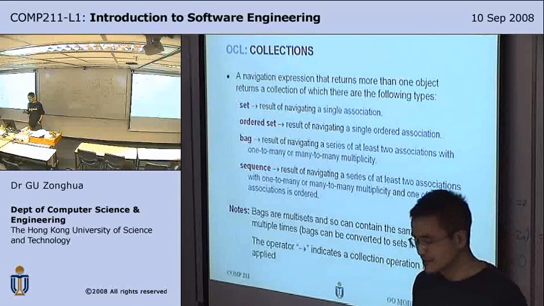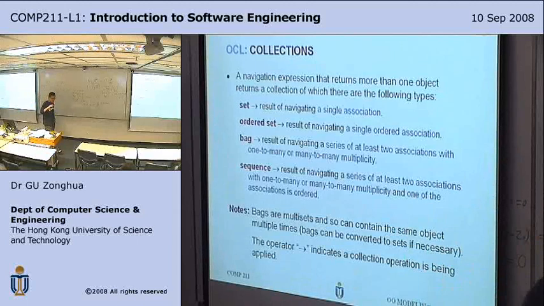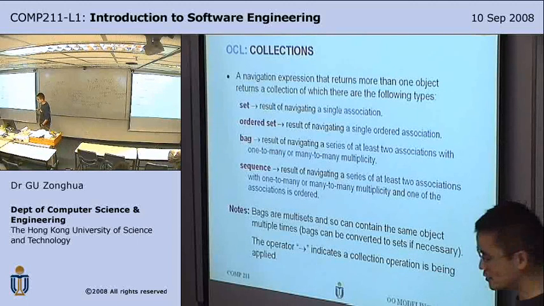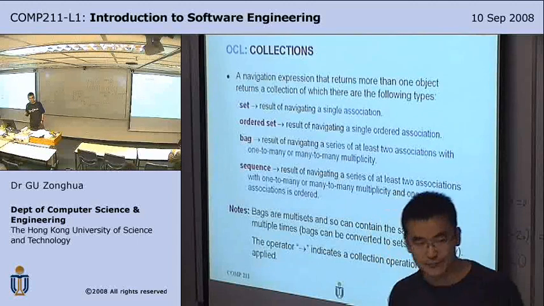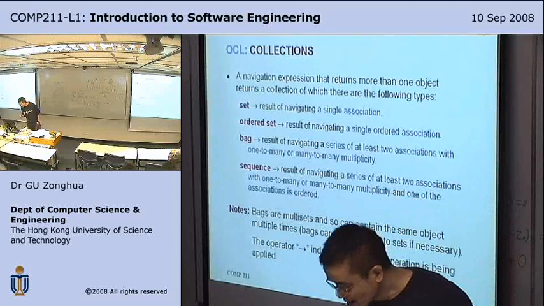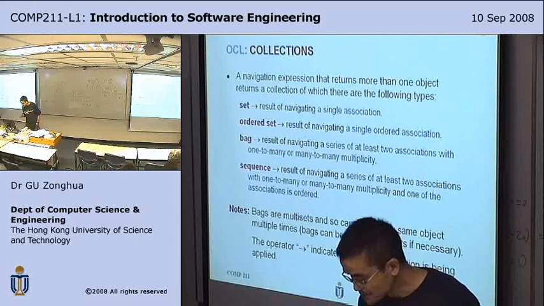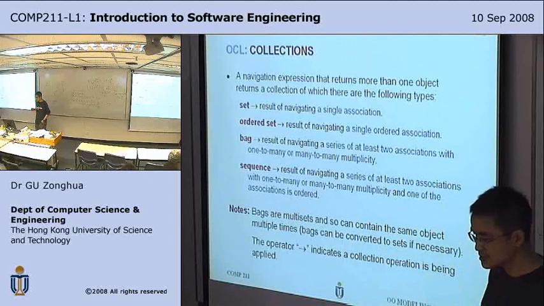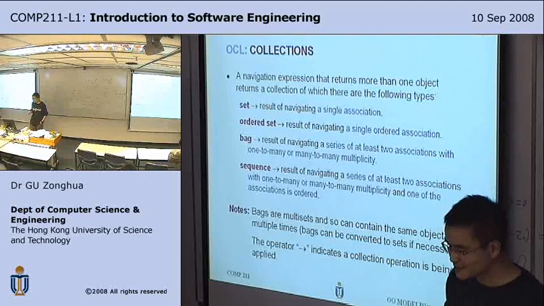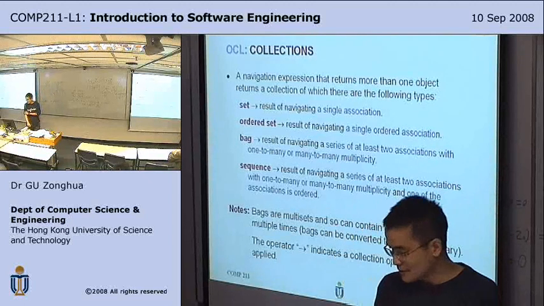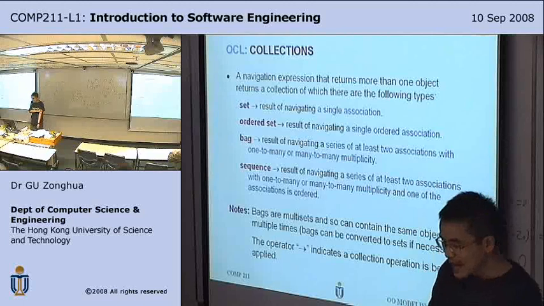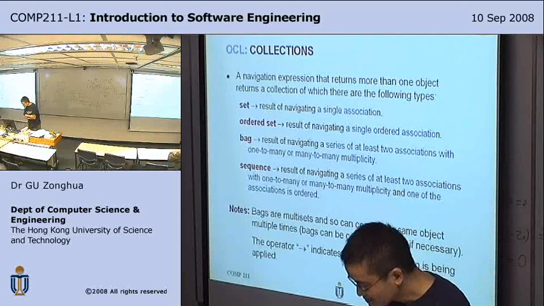So it's a sequence of items which may have redundancy. That is, one item may appear multiple times in the sequence. So bags are multi-sets that can contain the same object multiple times, obtained from traversing different paths to the object.